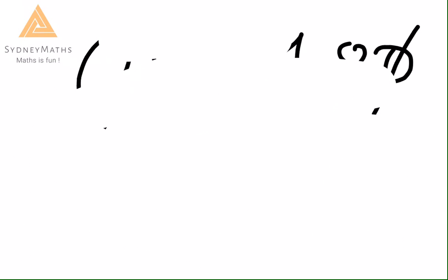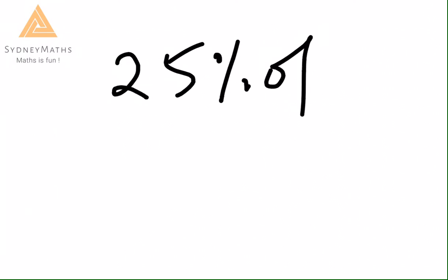Let's look at another slightly more complex example where there are no zeros in either of the numbers. Let's try to do 25% of 25.